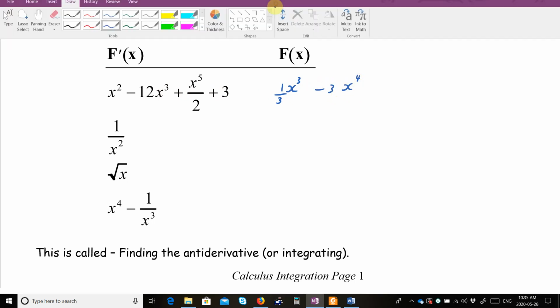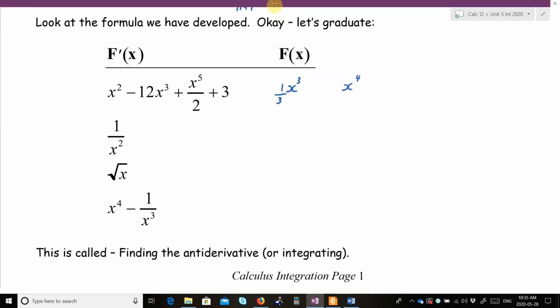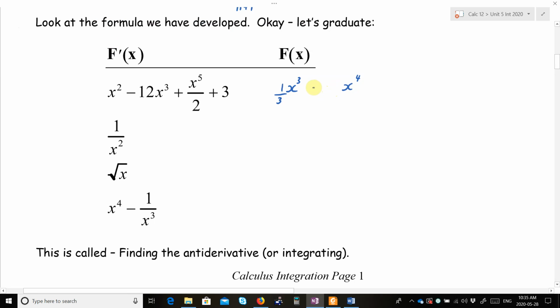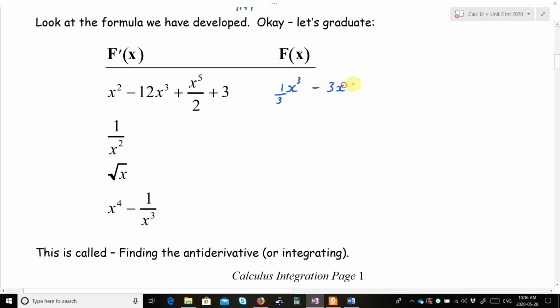And you can always check by differentiating as well. Four times negative 3 is indeed negative 12. Power goes down by 1. Okay, next term here, we are going to get x to the 6.